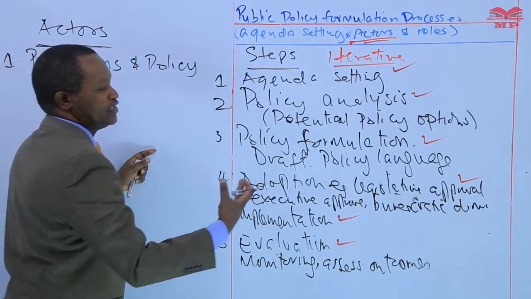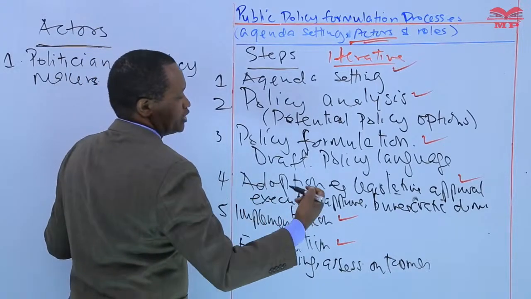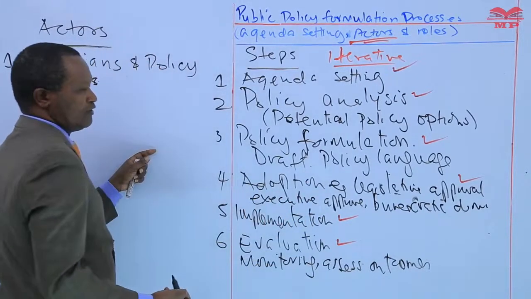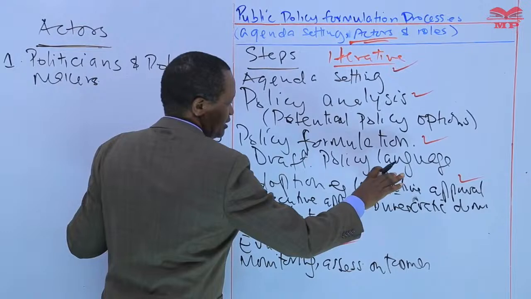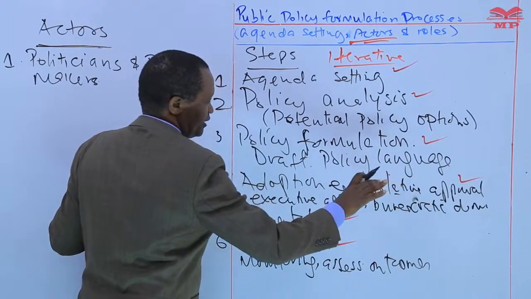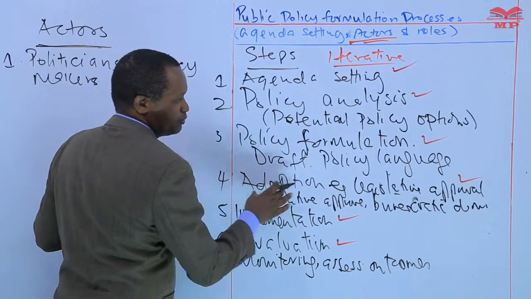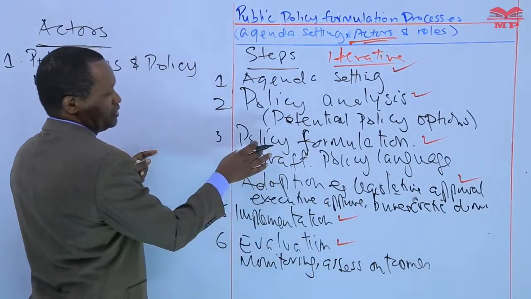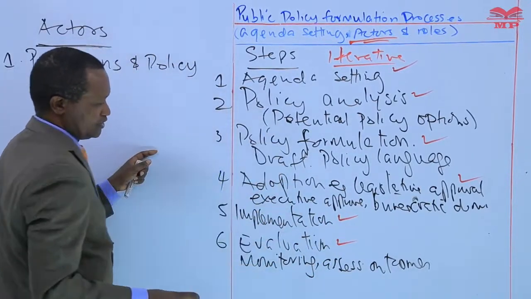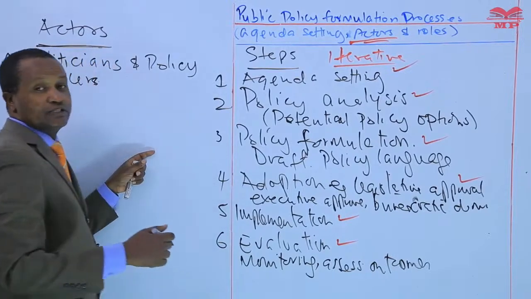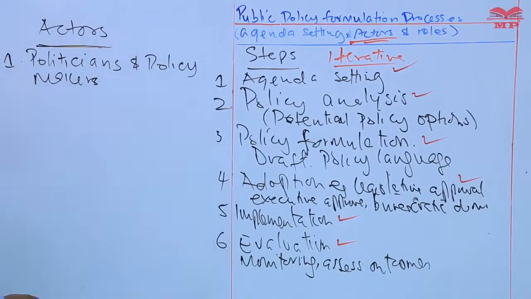The legislature is the political arm of government, and they are involved at the adoption. They may be needed to approve a policy that has been developed or formulated. So that is the role of the policymakers and politicians.